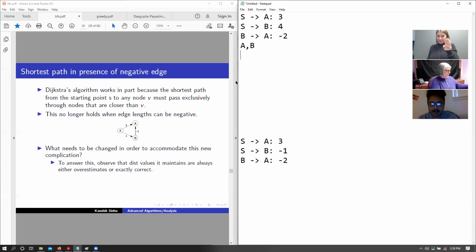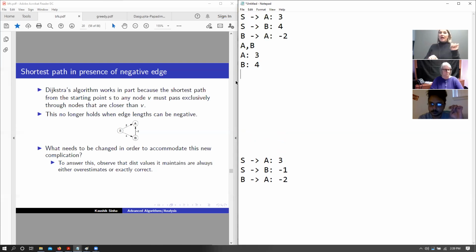From S, I get a distance of 3 for A. From S, I get a distance of 4 for B, right? The same scenario for this one. Let's just apply Dijkstra here as well. And from S, I again see A and B. And from S to A, I get a distance of 3.